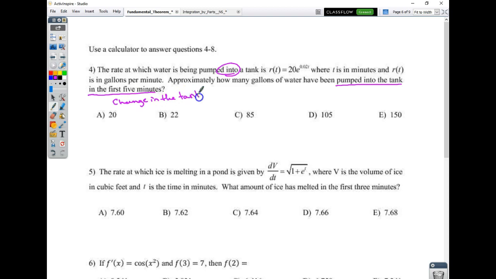Well, if I only want the change in the tank, I don't need an initial or a final. I'm just asking how much have I thrown in, and that is your integral from 0 to 5 of R of t dt. And if I were to do this in the calculator, I would be typing this into y1 and then using that to assist me.